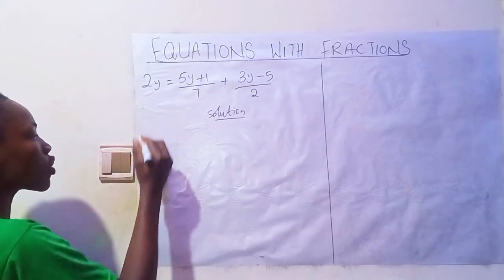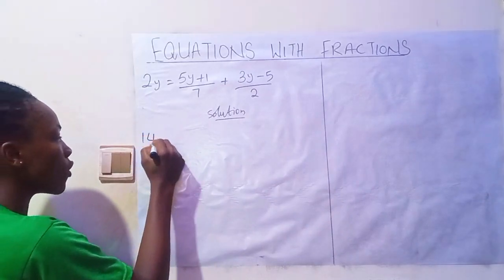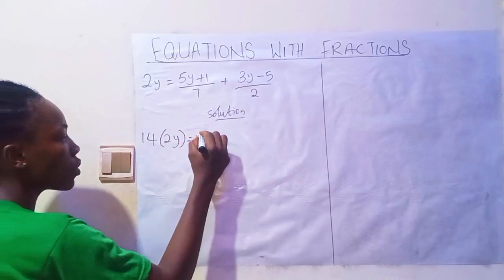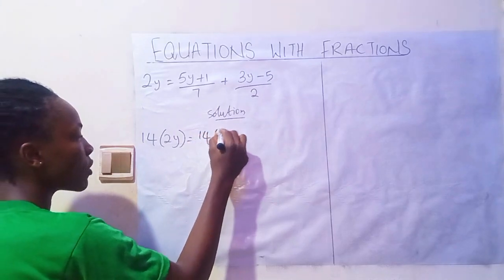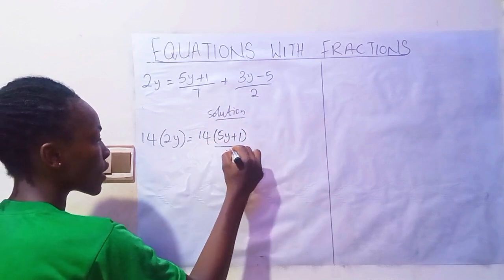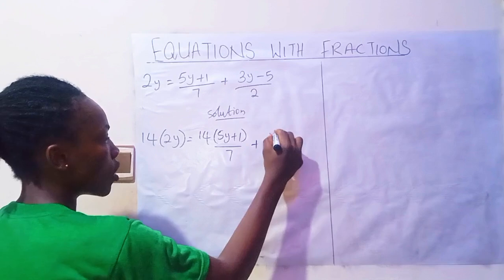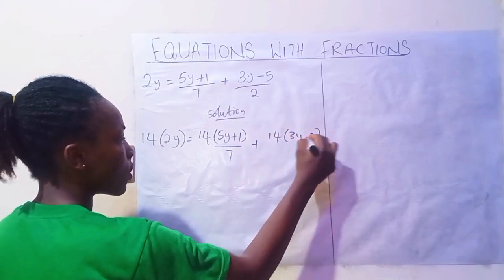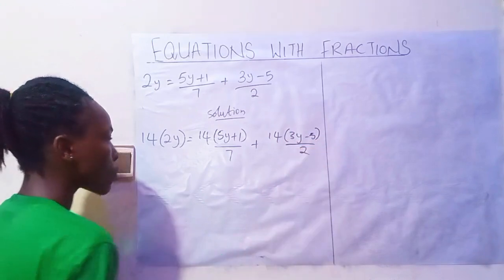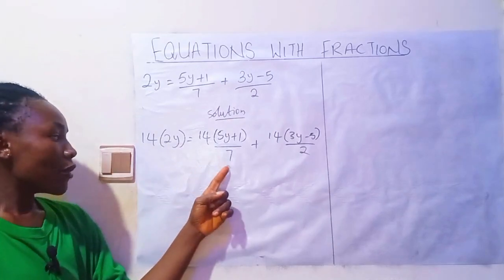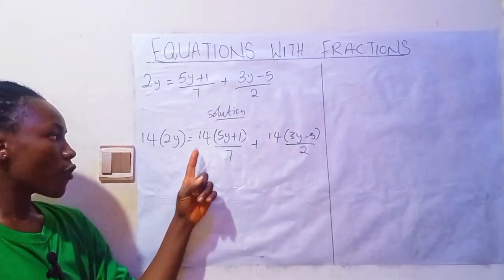We will start from this one. 14 times 2y equals 14 times (5y plus 1) all over 7, plus 14 times (3y minus 5) all over 2. If you look at this, you will find out that 7 is a factor of 14.